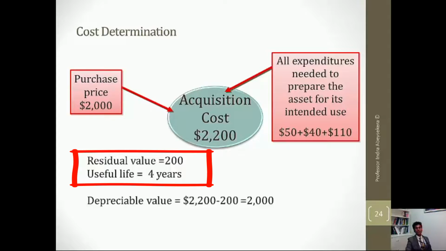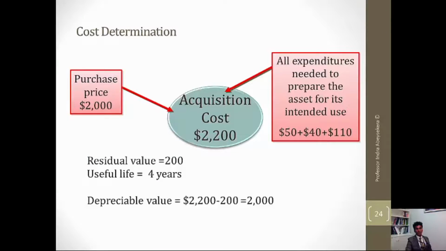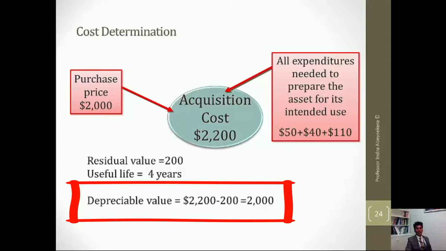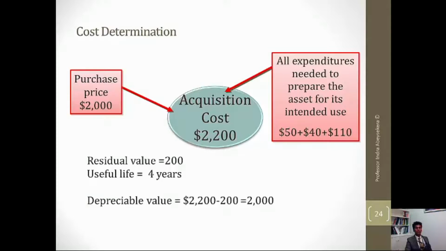And the value that we lose is 2,200 minus 200, 2,000. And that's called the depreciable value. So it is that value that will decrease until it reaches the residual value 200.